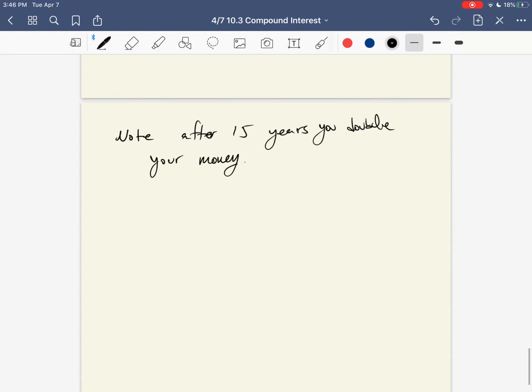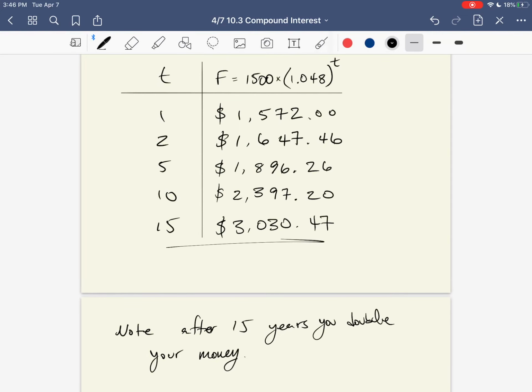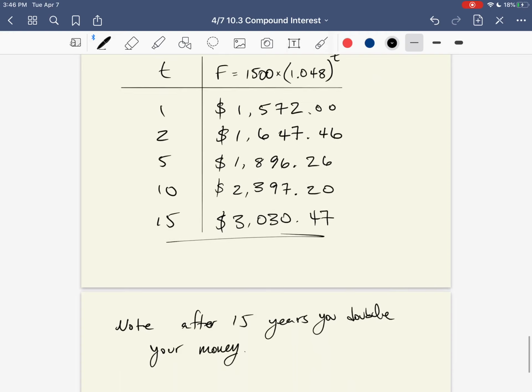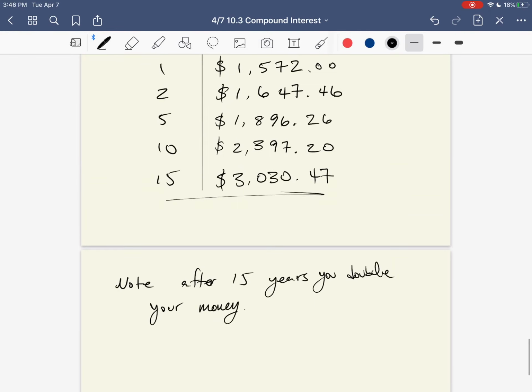In fact, it doesn't matter how much you invest initially. Because of the proportions I was talking about, the fact that P and F are proportional, with a 4.8% APR, you will always double your money after 15 years.